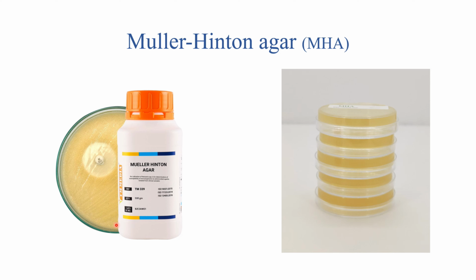Because of this, most of the organisms will grow well in this medium. Additionally, this Mueller-Hinton agar contains starch, and the starch will absorb the toxin released by the bacterium, so that the bacterial toxin will not interfere with the antibiotics.